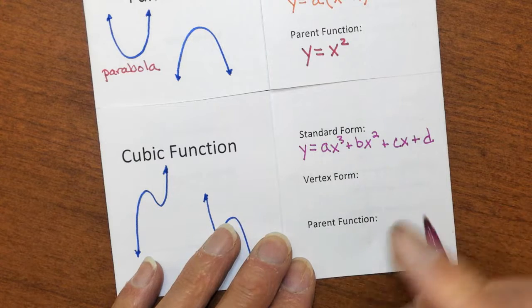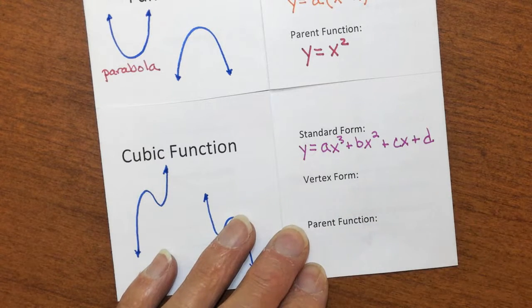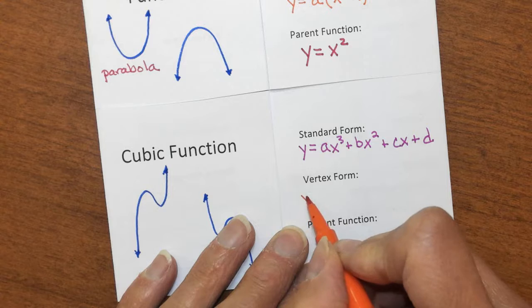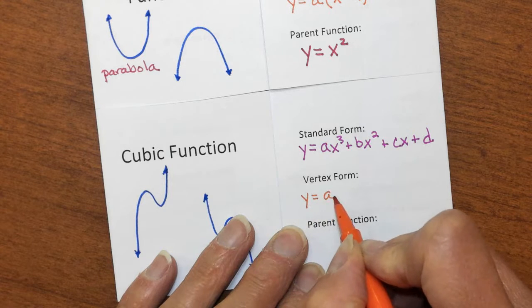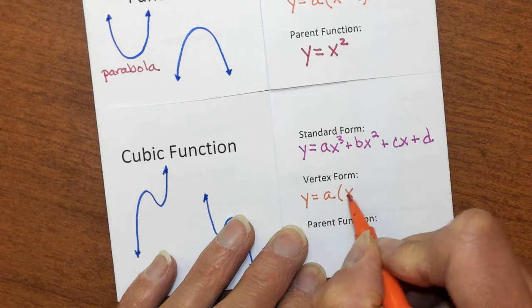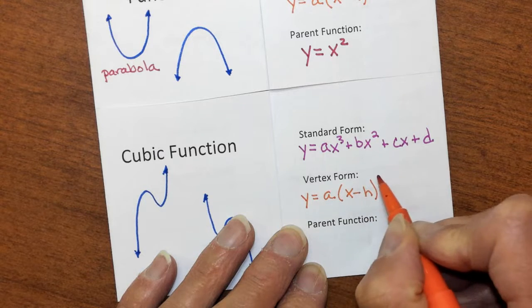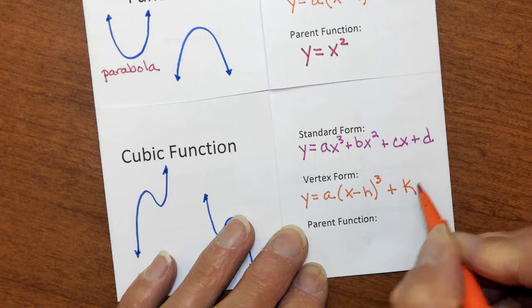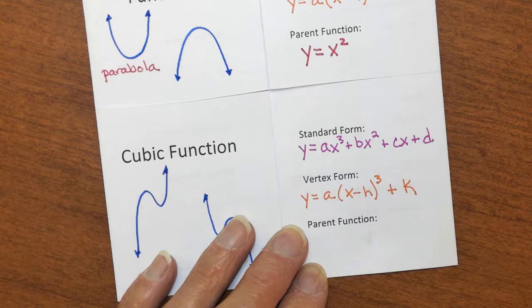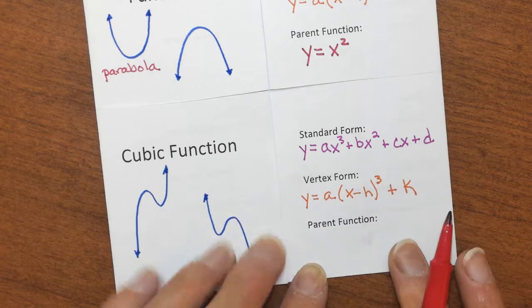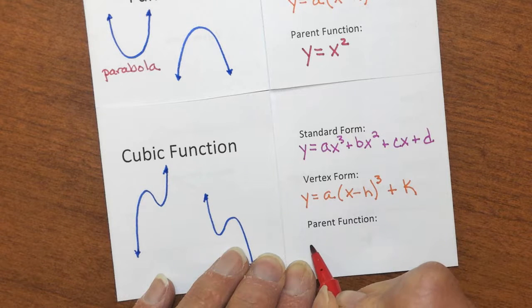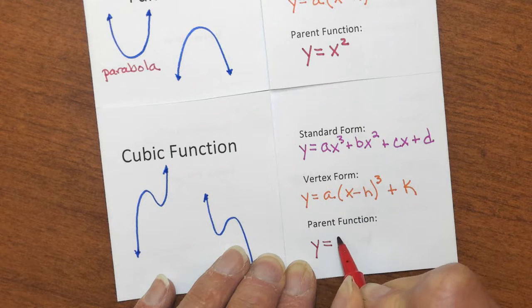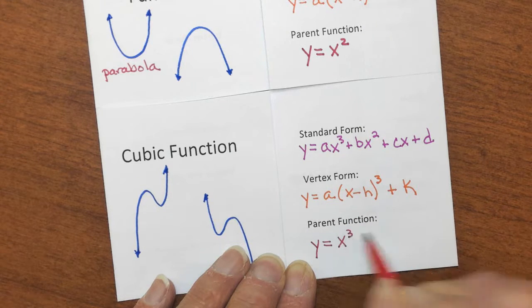Vertex form would be y equals a times x minus h cubed plus k, and the parent function is the bare minimum you need to have a cubic function, which would be y is equal to x cubed.